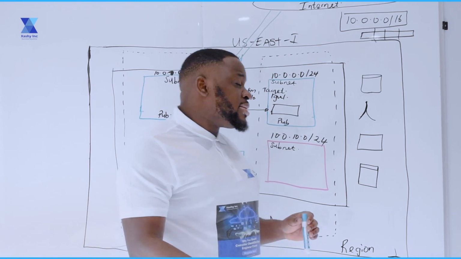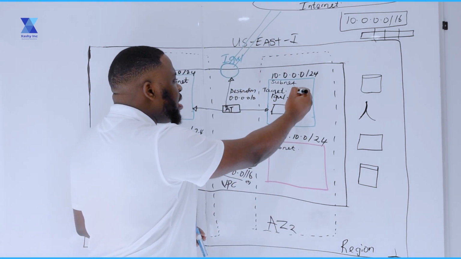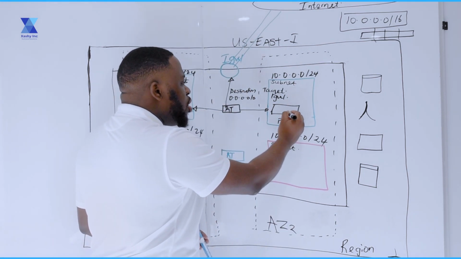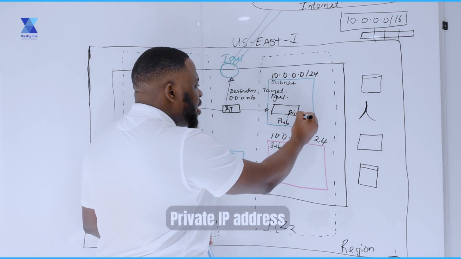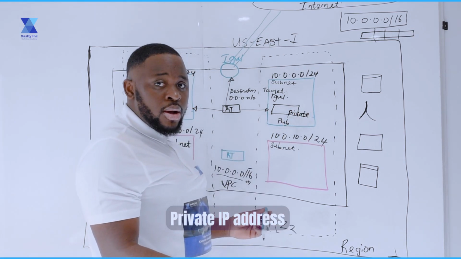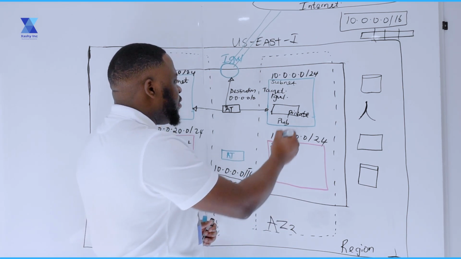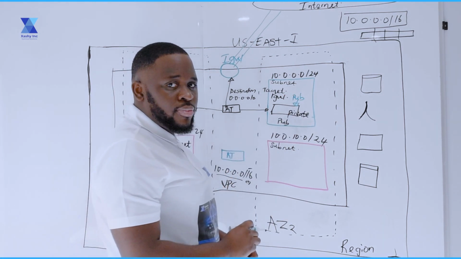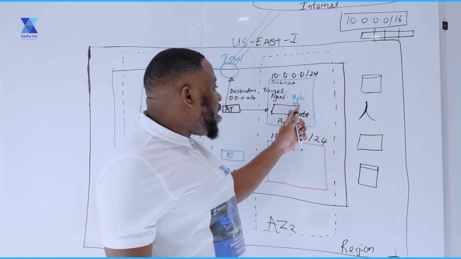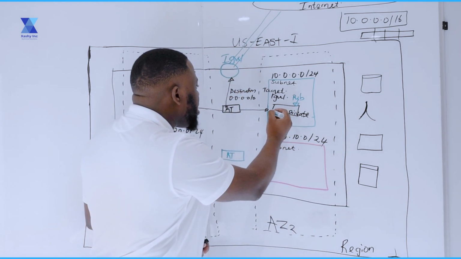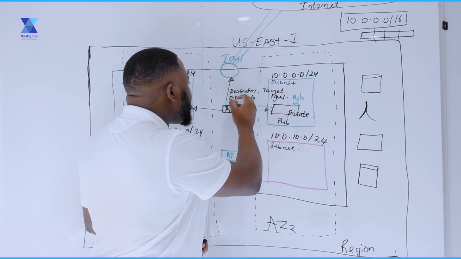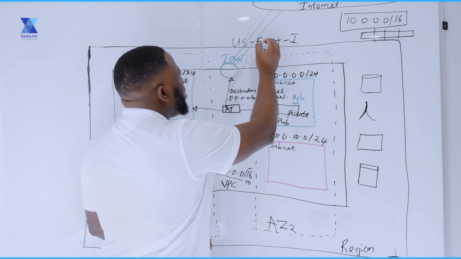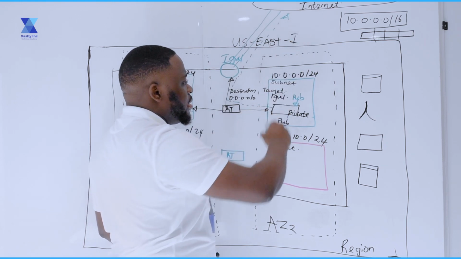So that simply means that resources in this subnet are going to have a private IP address, and they can also have public IP addresses allocated to them. It is the public IP address that these resources can now make use of with the internet gateway, and they can actually access the internet.